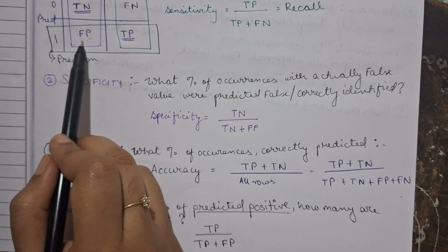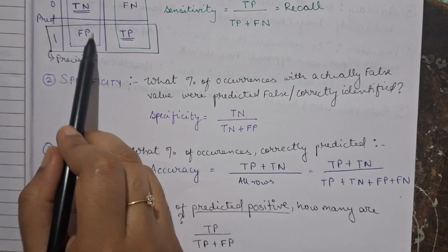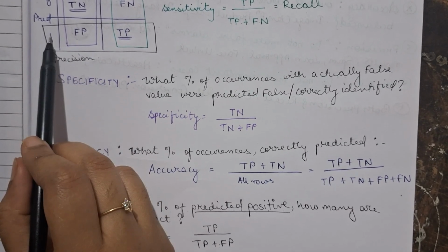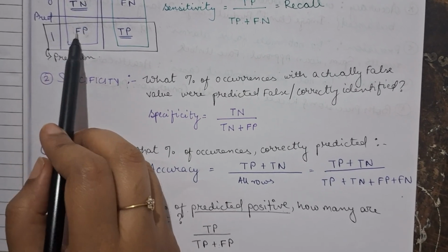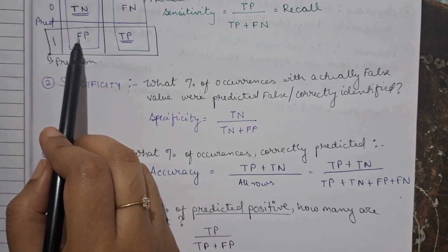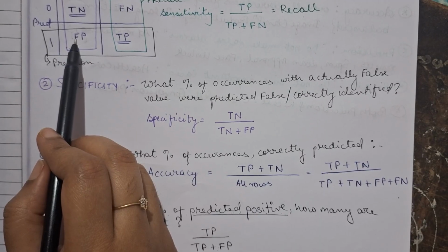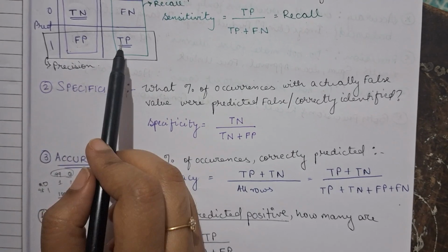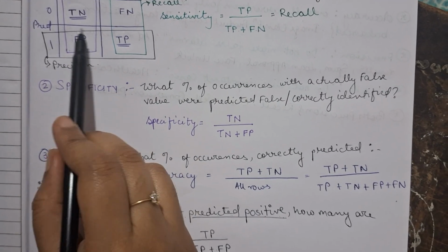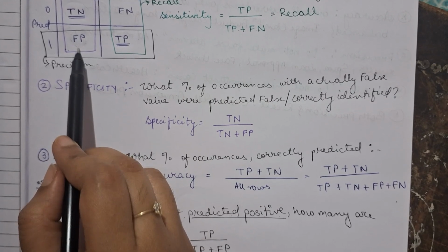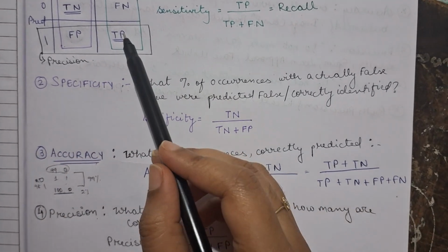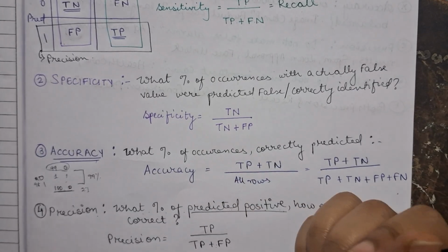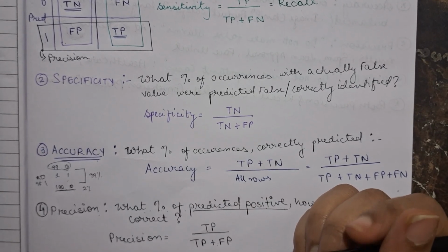Now here, if we increase false positives, or if the model says that the patient has cancer but the patient actually has no cancer, then it is not a good user experience and thus it should be avoided. So here false positives can be costly. So that is another metric called precision, mostly used in healthcare sectors.